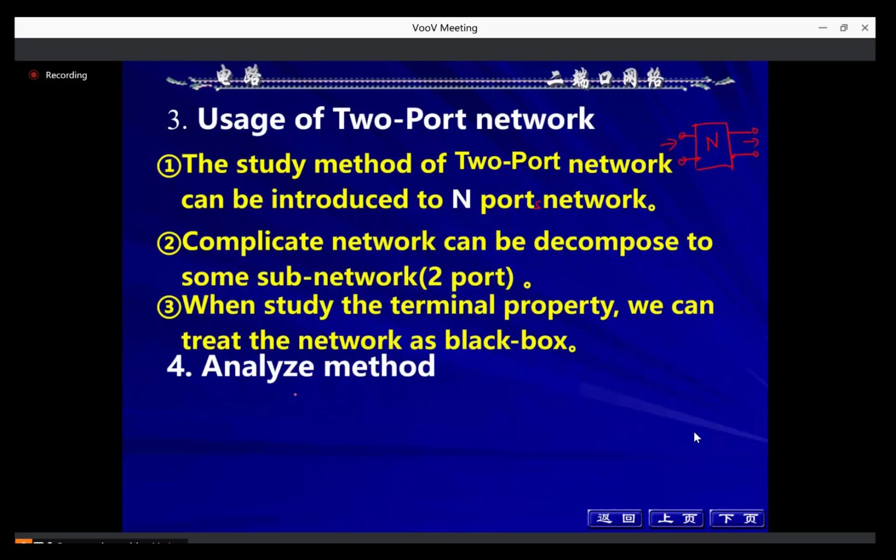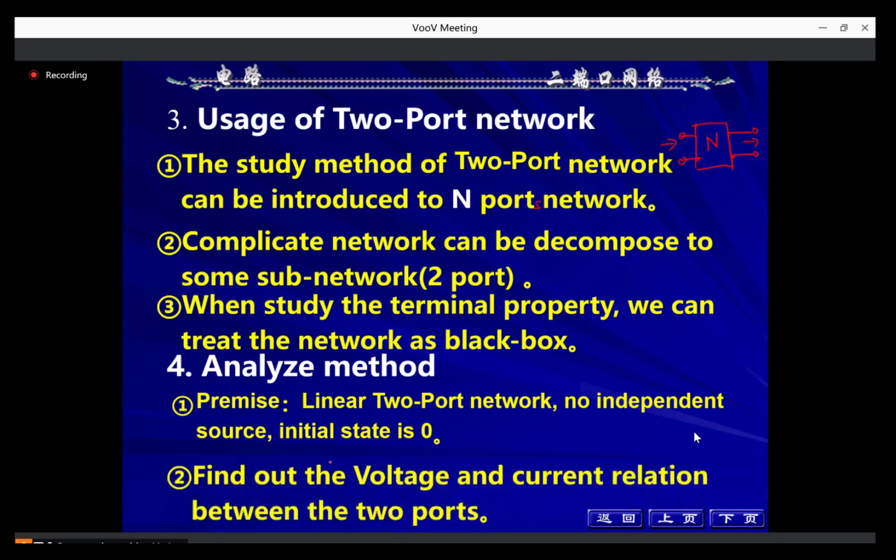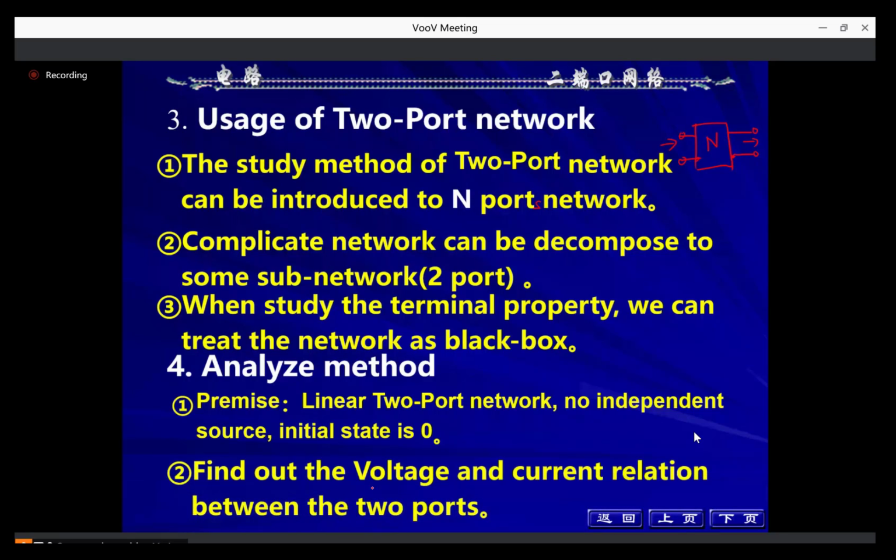The other method. The basic premise is we only analyze a linear two-port network. There is no independent source inside, and the initial state is 0. We will try to find the voltage and current relation between the two ports, the left port and right port.